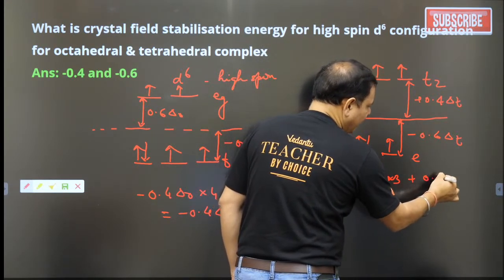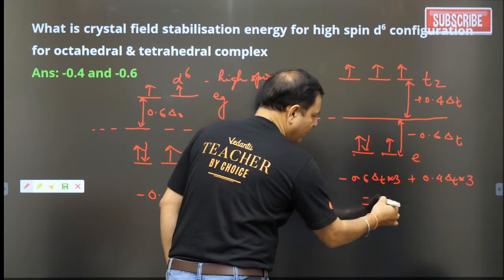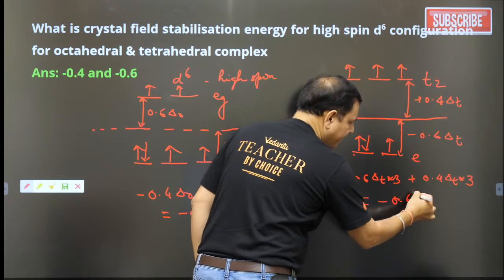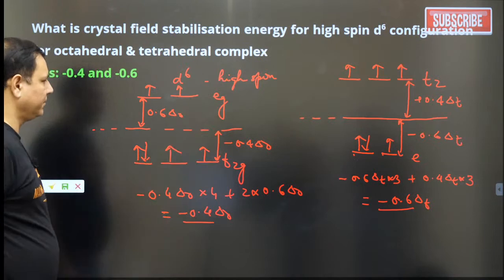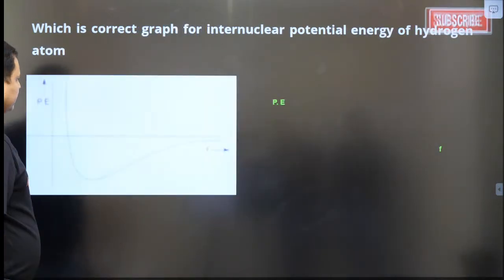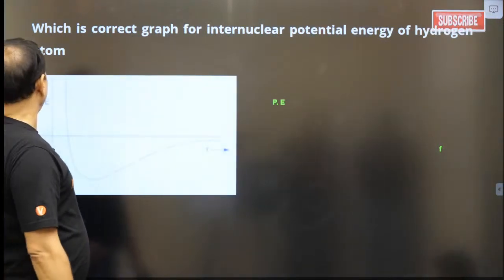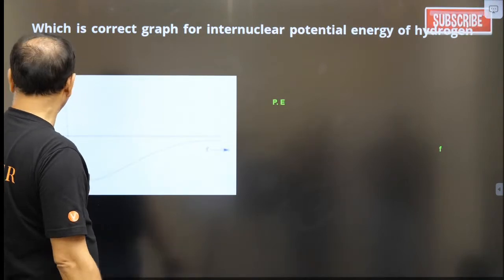So 3 electrons in E means minus 0.6 delta T multiplied by 3, plus 3 electrons in T2, that is 0.4 delta T multiplied by 3. This comes out to be minus 0.6 delta T. So minus 0.4 delta O and minus 0.6 delta T will be the answer.